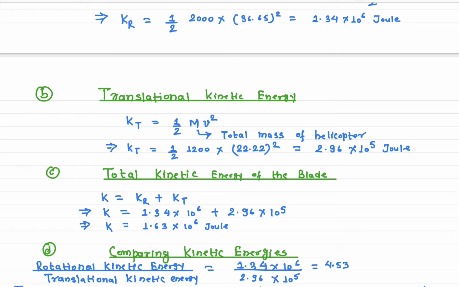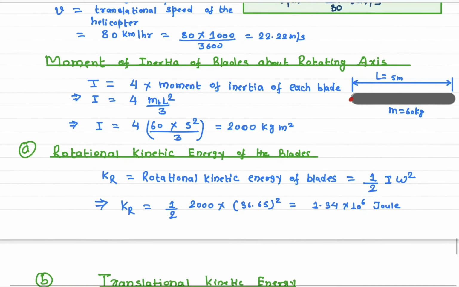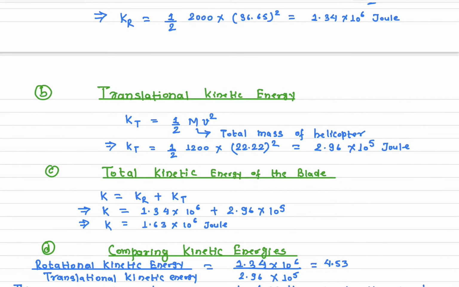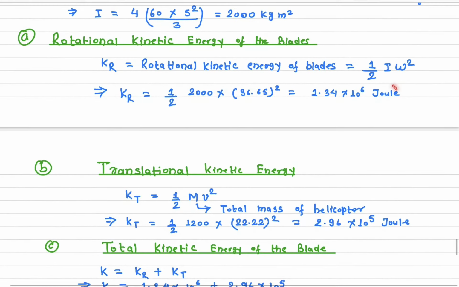The mass is 1200 kilograms. The velocity we just calculated is 22.22. If we solve it, this is the translational kinetic energy of the helicopter. This is for the entire helicopter, and the other one is only for the blades.